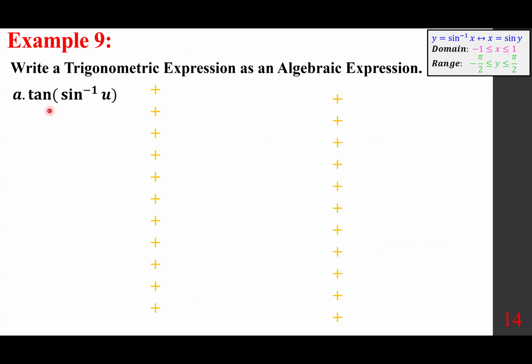All right, let's continue on that thought. Tan of sine inverse of u, well, we let sine inverse of u be theta. By definition, that means sine theta is u.